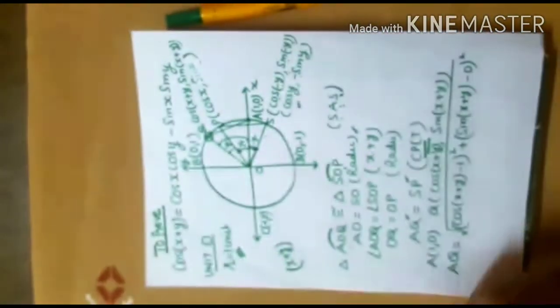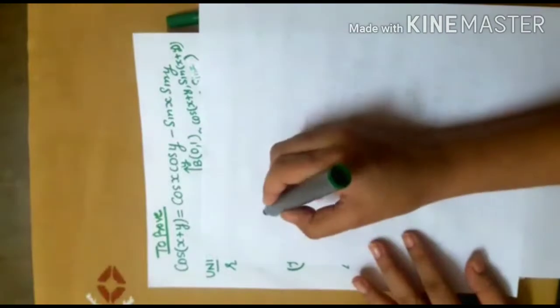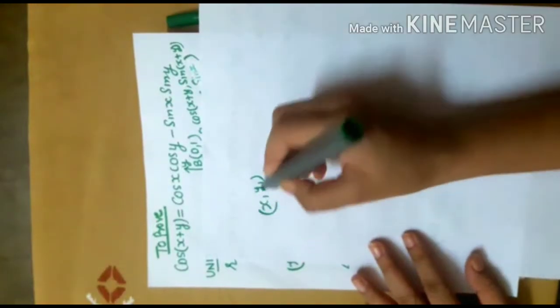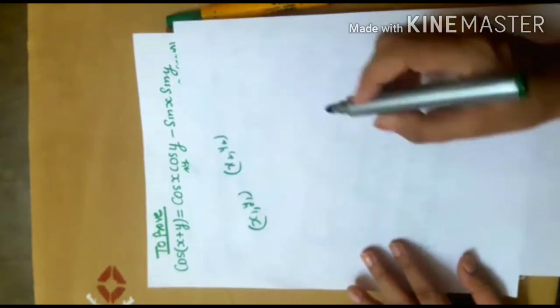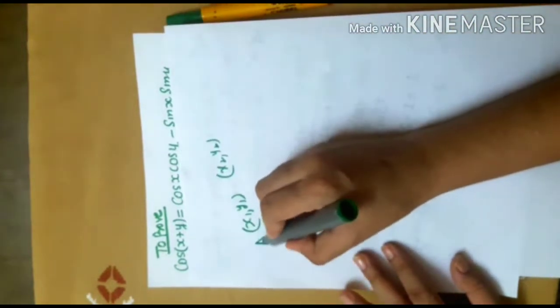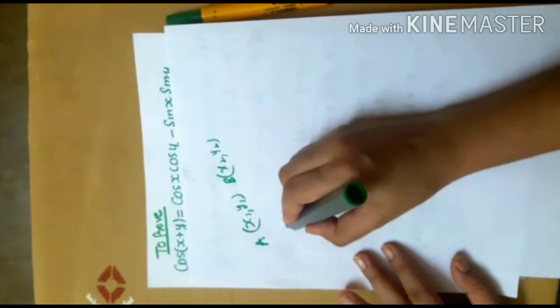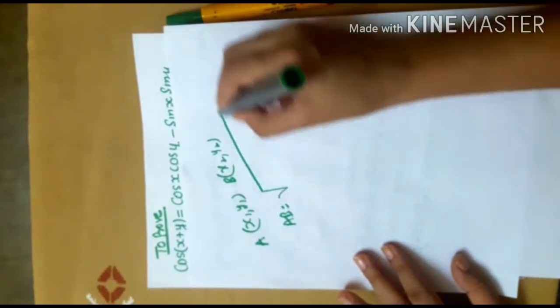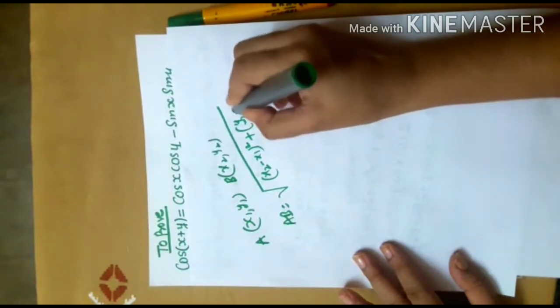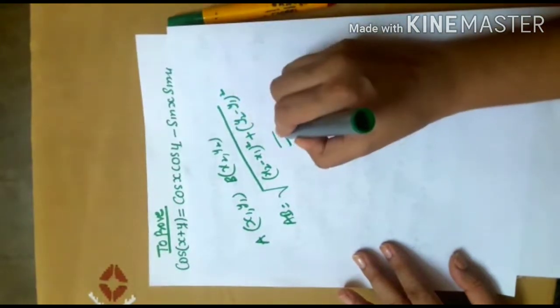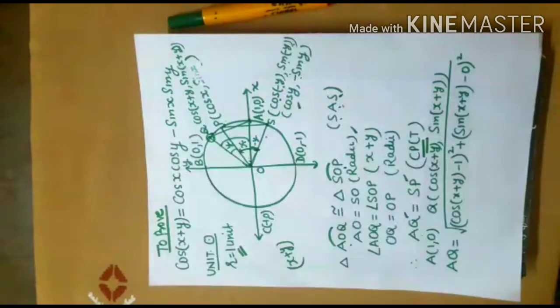Now, when the coordinates of 2 points are given as (x1, y1) and (x2, y2), how do we get the distance between them? The distance is given by the square root of (x2 minus x1) whole squared plus (y2 minus y1) whole squared. So we use this formula.